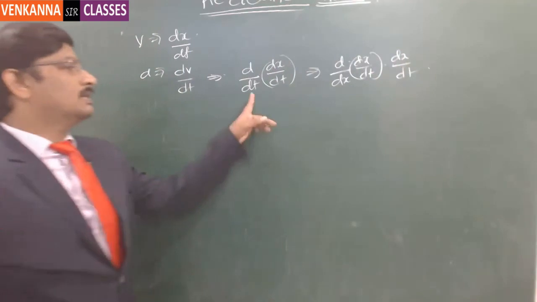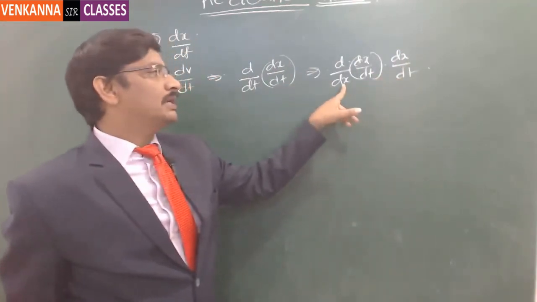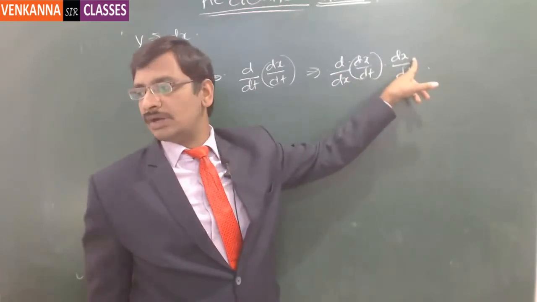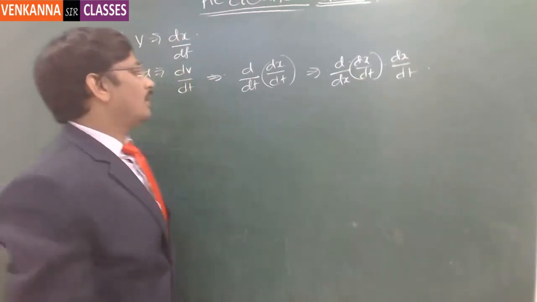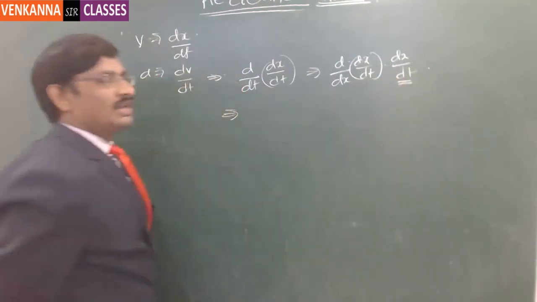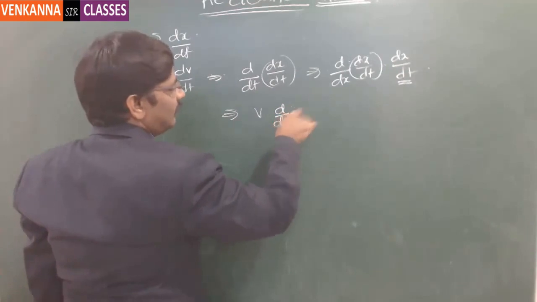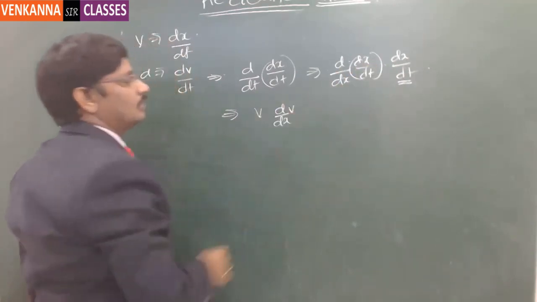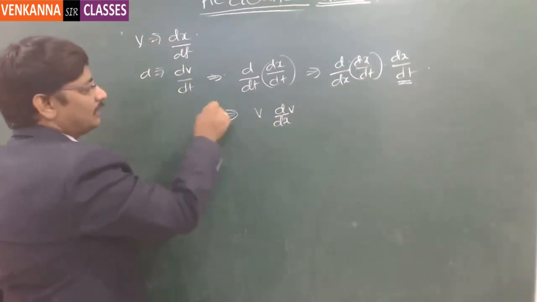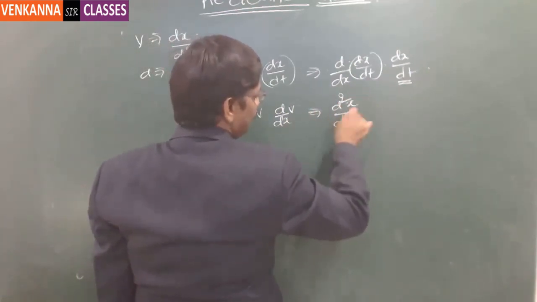See, I kept this dt at this point, and then I introduced a dx here and a dx at the top. This way, dx by dt can be treated as the velocity. Now, velocity times d by dx of this velocity again. So, acceleration can even be treated as v dv by dx or d square x by dt square.